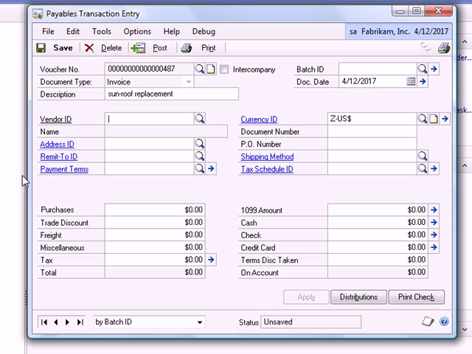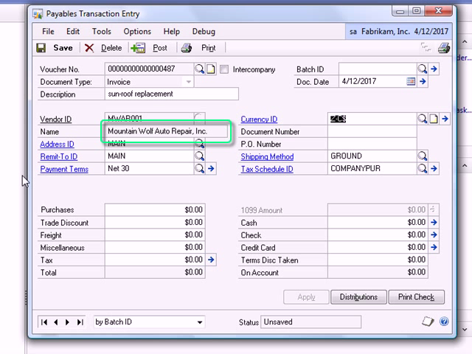Then posting the resulting payables batch named PMTRX into the general ledger. The invoice is from the vendor Mountain Wolf Auto Repair in the amount of $325.